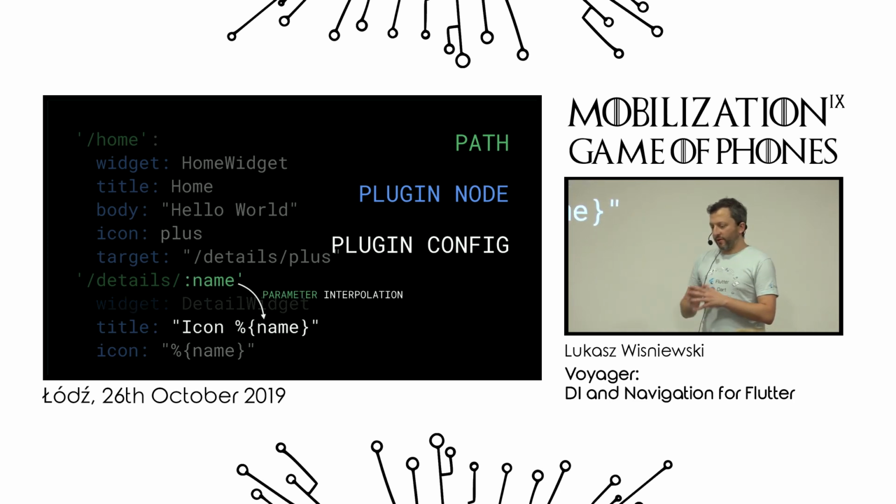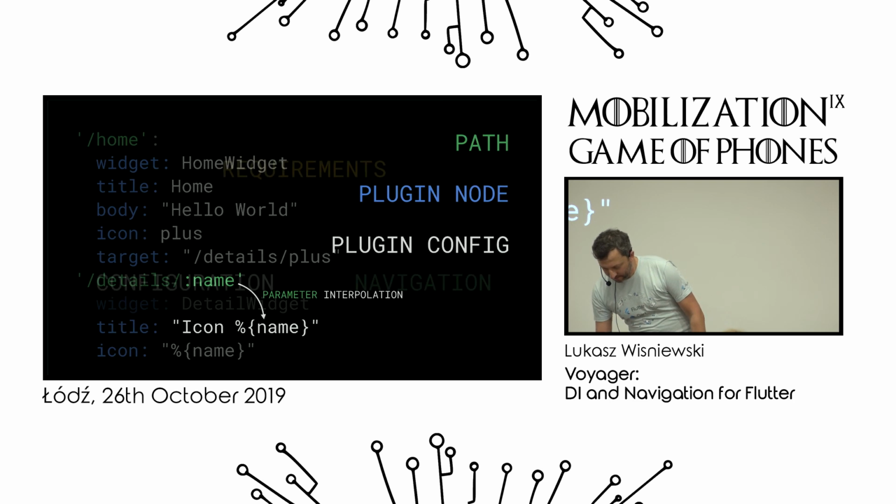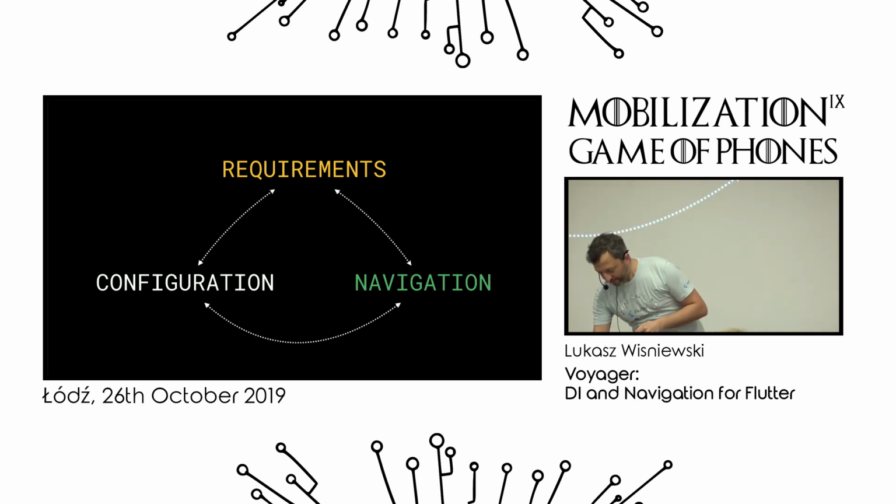There is also one extra thing, which is parameter interpolation, meaning you can take any parameter from the path and pass it down to the config. I'm going to use these terms as synonyms because in terms of Voyager they mean practically the same.